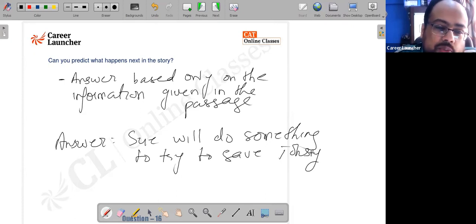Based on that, I know that Shu is concerned. I know that Shu does not wish her friend to die. So all I can answer is Shu will do something to try to save Johnsy. That is all that can be arrived at. So this is what the answer is going to be, nothing more specific.